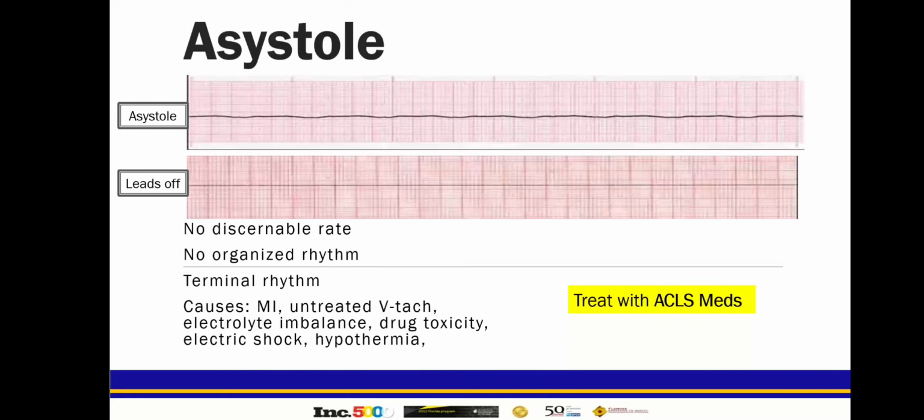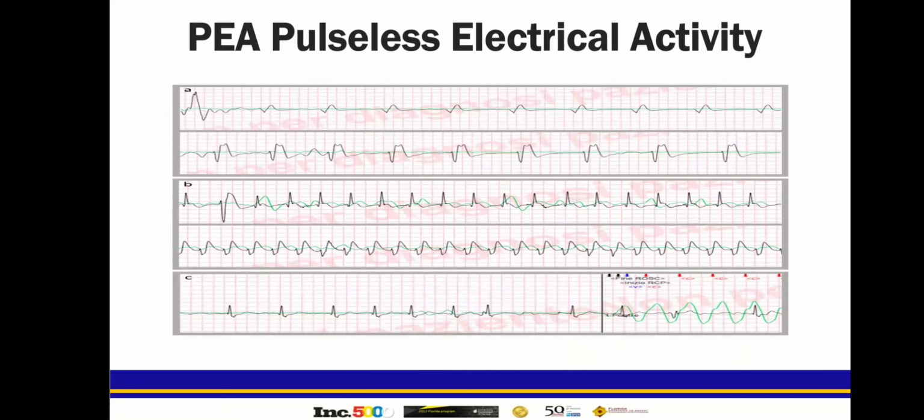Okay. Now, I did want to show you one more, PEA, pulseless electrical activity. This is just an EKG of different rhythm strips. Basically, pulseless electrical activity is any clinical condition characterized by unresponsiveness and lack of a palpable pulse in the presence of an organized cardiac electrical activity.